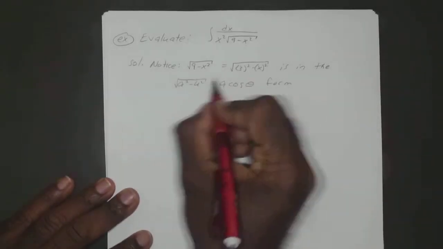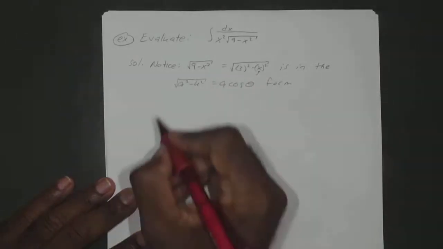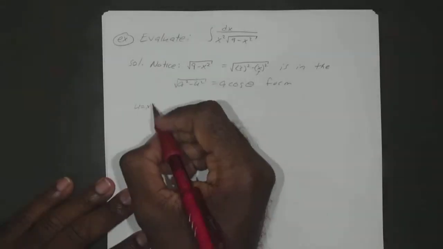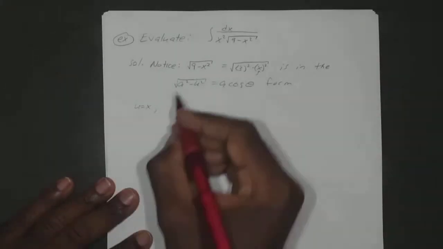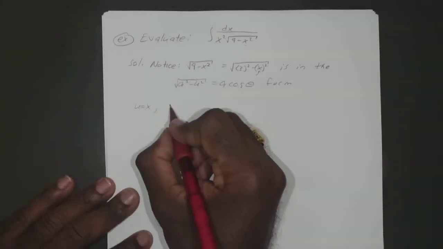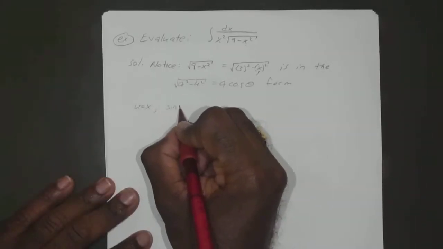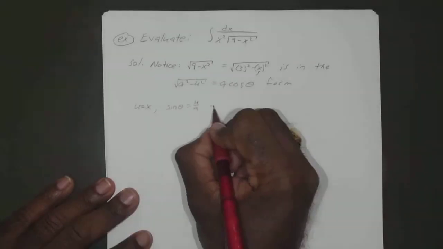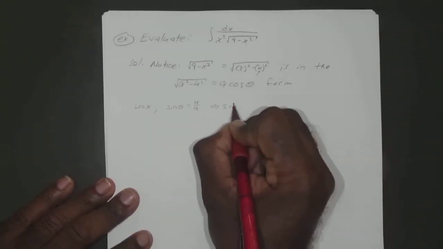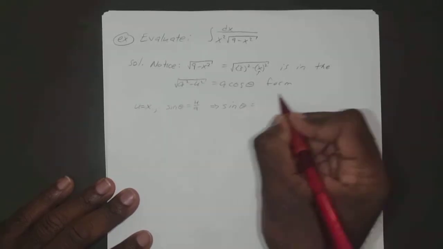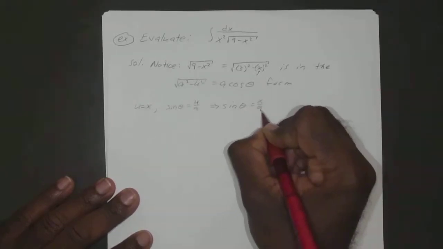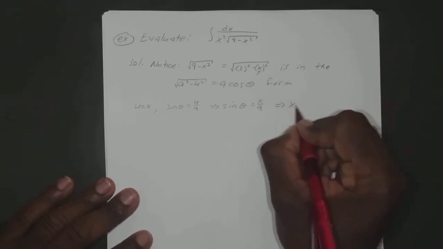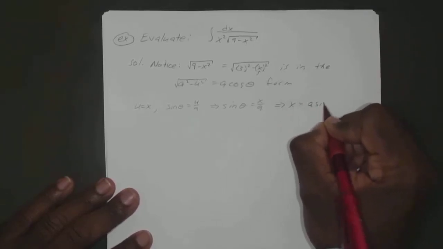Here, that's our u, so our u is going to equal x. So if u equals x, we know sine of theta is u over a, which means sine of theta is equal to x over a. That means x is equal to a sine of theta.